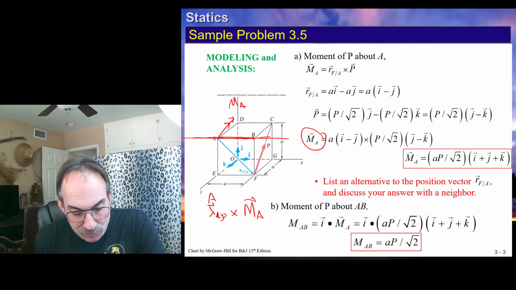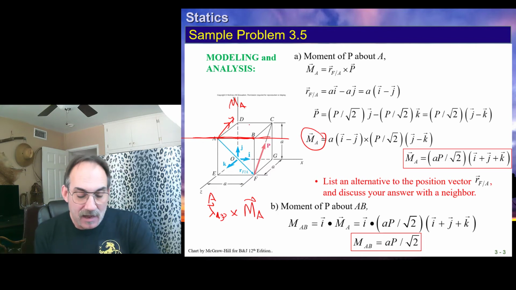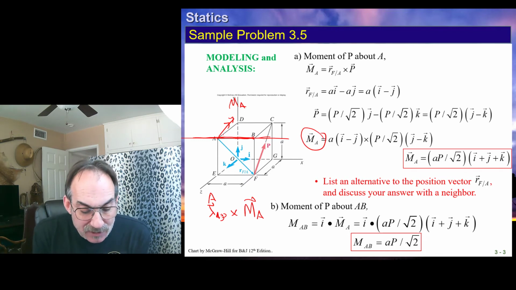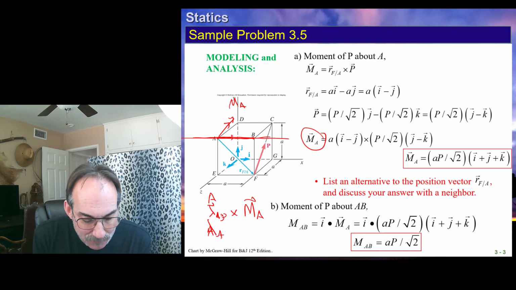Okay? Now the unit vector AB, what we do is take the vector AB divided by its length, which we can see by inspection is just I. This unit vector lambda AB is simply I.